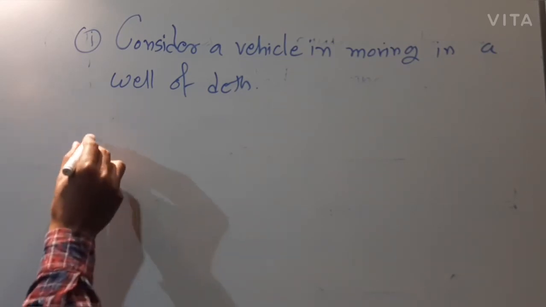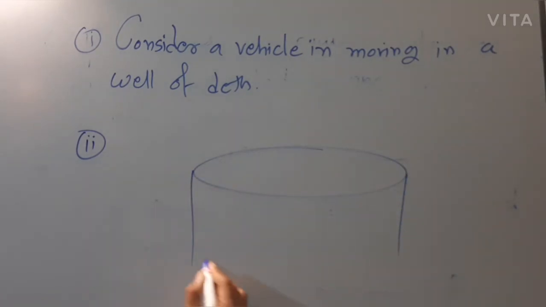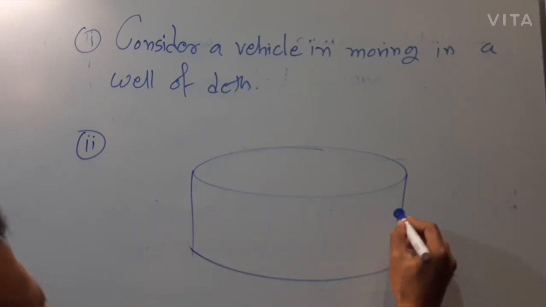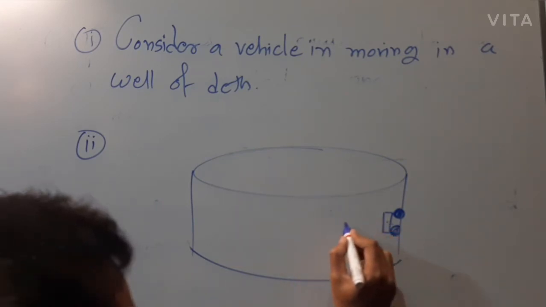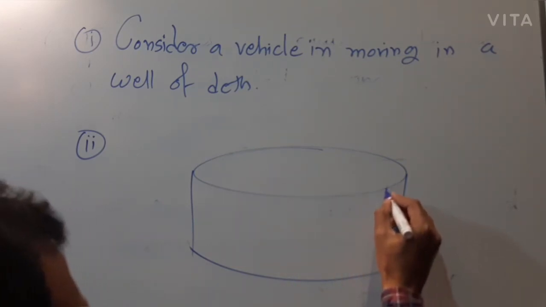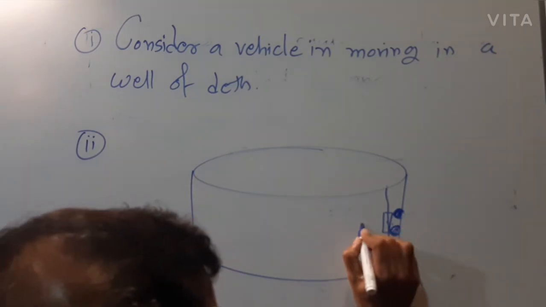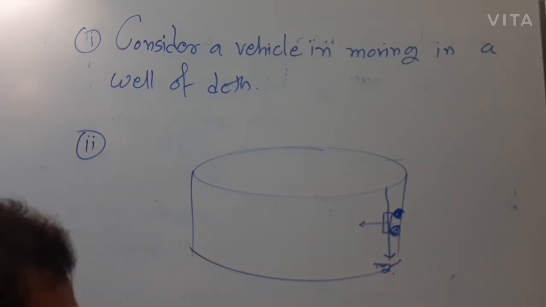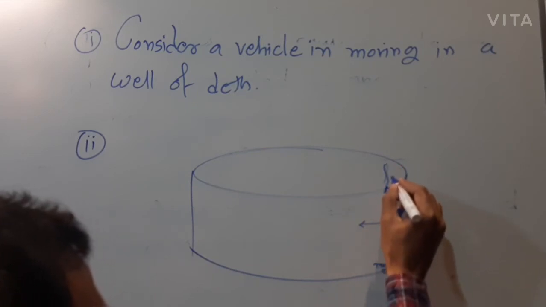And from the consideration, let us form the diagram. Suppose that this is a well. Draw this diagram. If the vehicle is at this point, suppose these are the tires of the vehicle. Now, we know that the weight is always directed vertically downward. The normal reaction is in this way, and here is a force of friction.